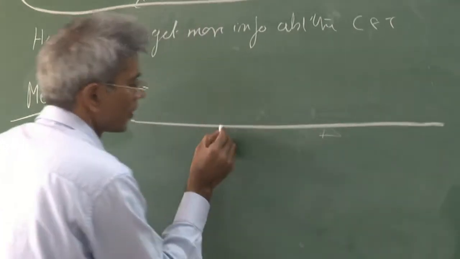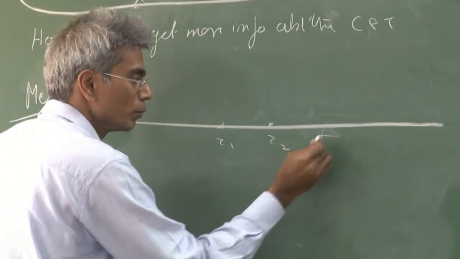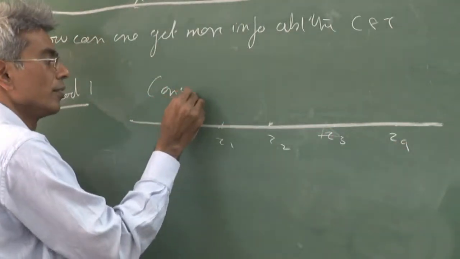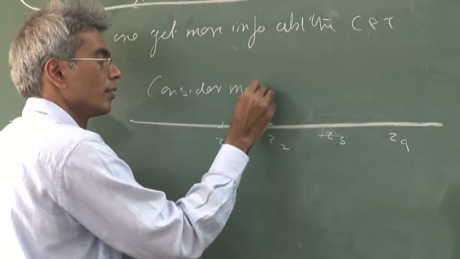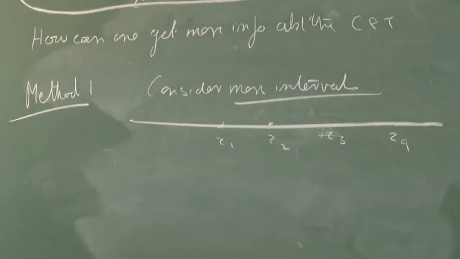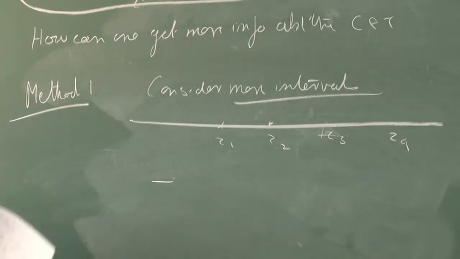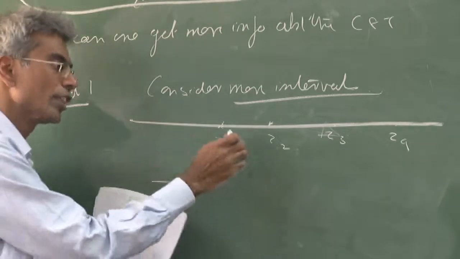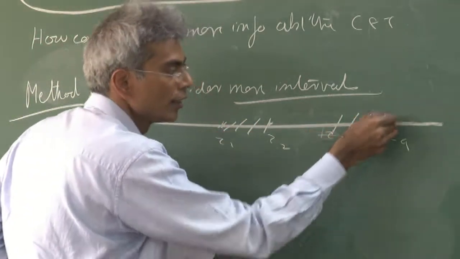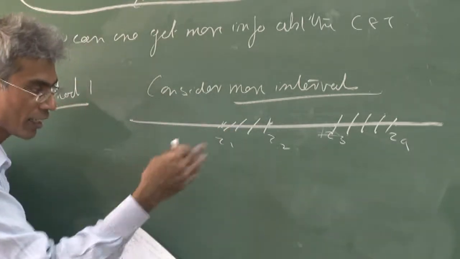Consider more intervals. So it was mentioned briefly before. If you consider more intervals, and this was your region A, the region A is the union of this interval and this interval, the relevant quantity actually is a function.